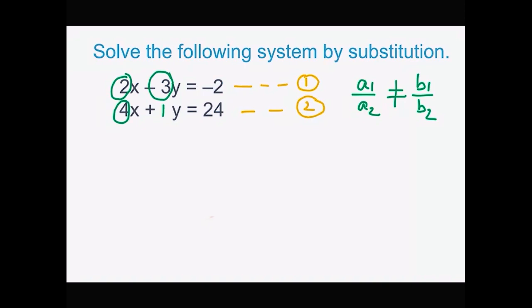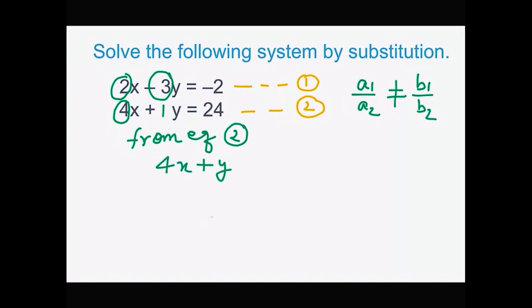So try to take the variable whose coefficient is 1. If you take it from the first equation, your equation can become a little bit complicated. So I'm taking equation number 2. You can take any of the equations.